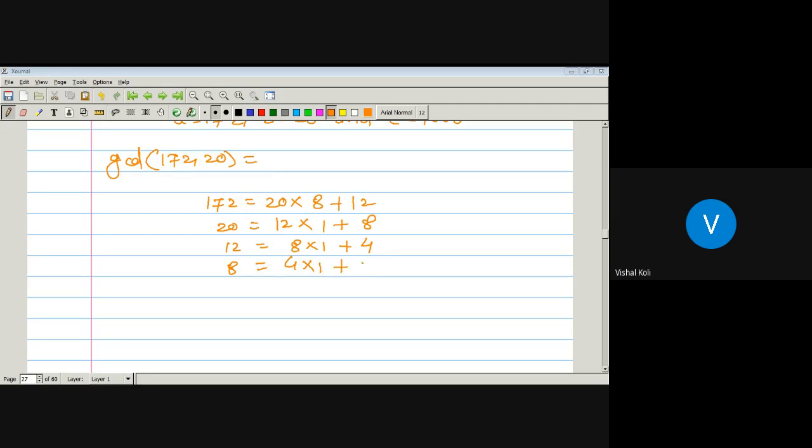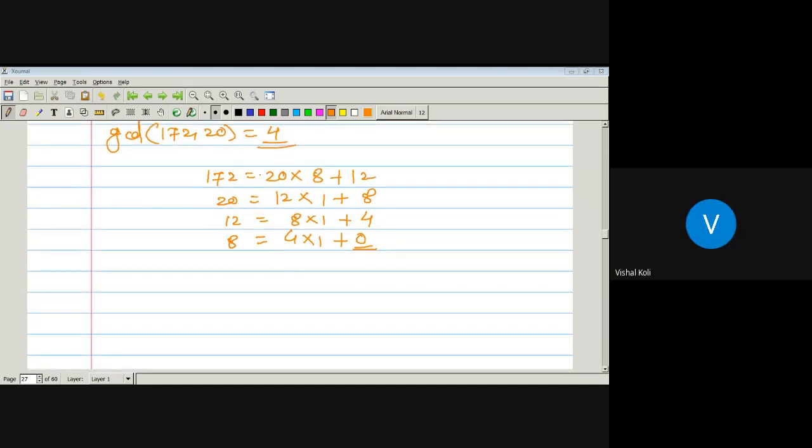The remainder will be 0. So the GCD of 172 and 20 is equal to 4. As 4 divides 1000, the given equation has a solution.